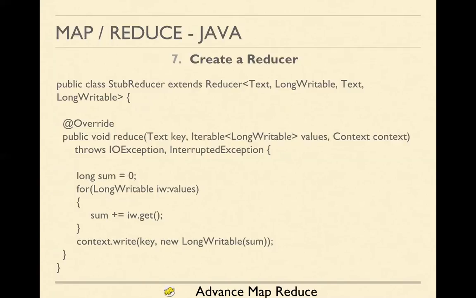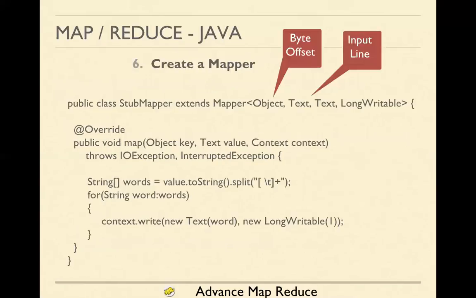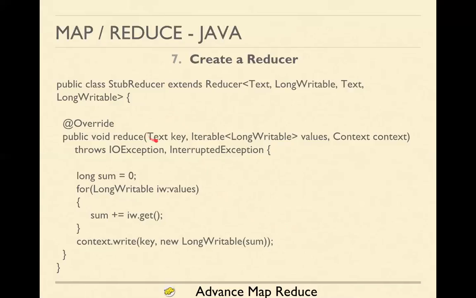If there are 100 keys in total, the reduce function will be called 100 times, once for each unique key. The mapper gave many key values, and they will get grouped based on the first parameter, this one.